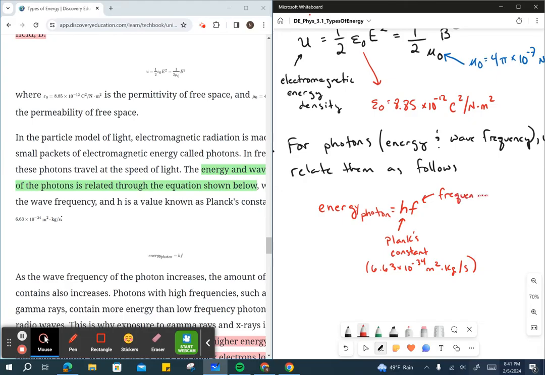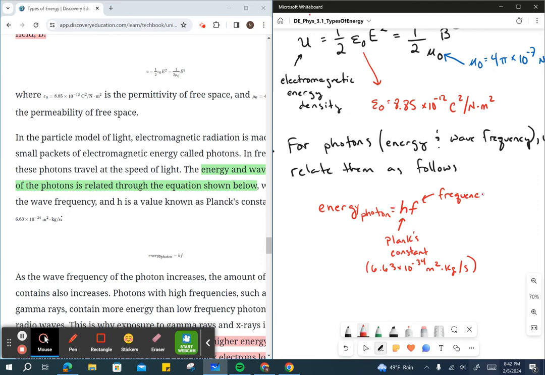And remember, light travels at different frequencies depending on the type or color of light it is. If we're talking visible light, or invisible parts of the electromagnetic spectrum, X-rays, gamma rays, radio waves, you're going to have different frequencies.